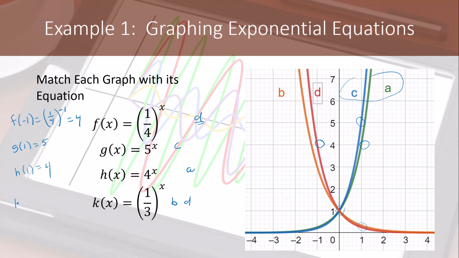Okay, evaluating k when x is equal to -1, you will have 1/3 raised to the -1 power, and that is equal to 3. Okay, so here we go. Here's -1, go all the way up. Notice this graph right here intersects 3, right there. So in this case, B is the graph of k.